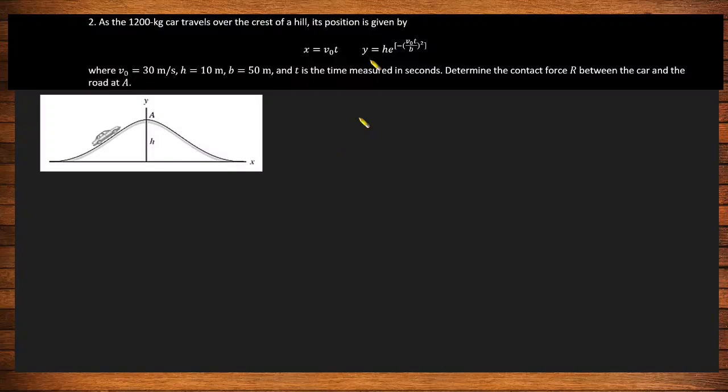So if you encounter these types of problems, okay, so although curvilinear siya, curved yung path, pero yung binigay naman or yung given is rectangular coordinates, then I suggest that you analyze it using rectangular coordinates. Again, yung hinahanap natin dito is yung contact force between the car and the road at A. Force yung unknown. So from the equation of motion, in order to determine the value of our force, kailangan natin yung acceleration ng car natin at point A.